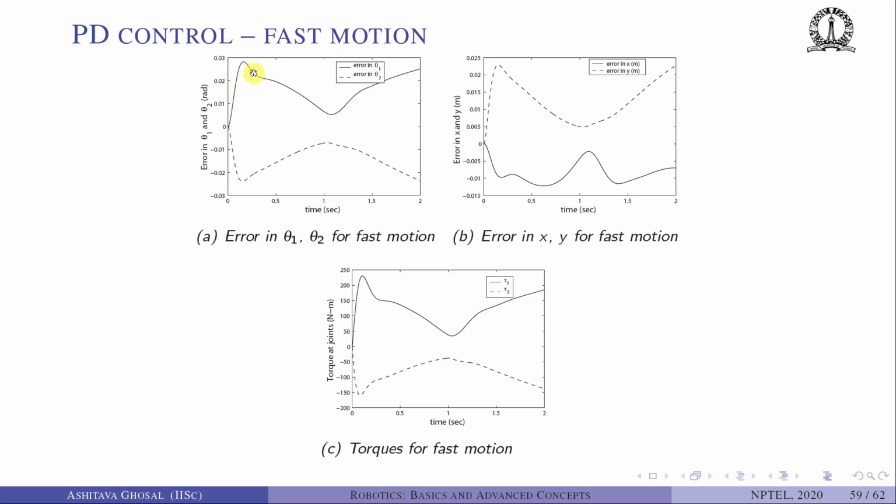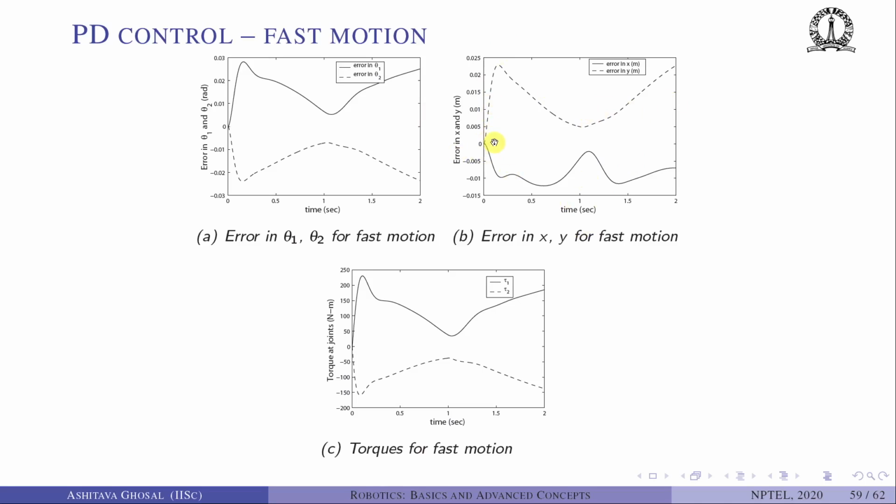The error is slightly less than 0.03 radians. The y-axis is in radians. So that's quite a bit. 1 radian is approximately 57 degrees, so 0.03 is almost 1.5 degrees.